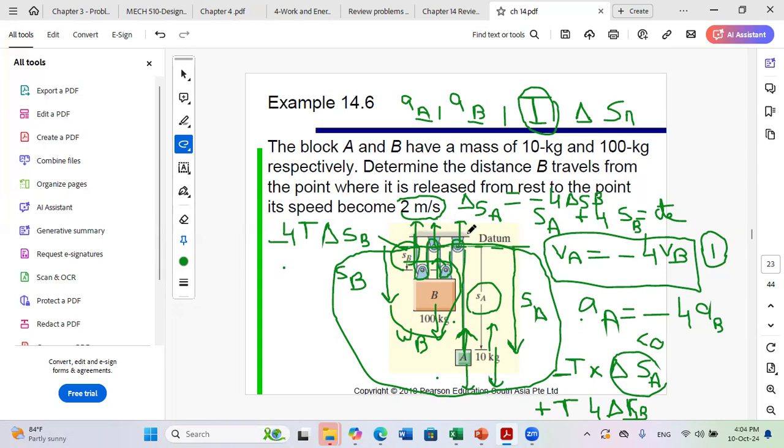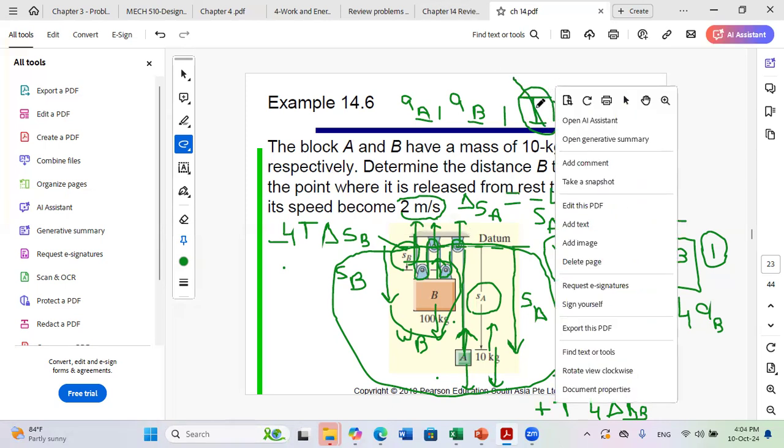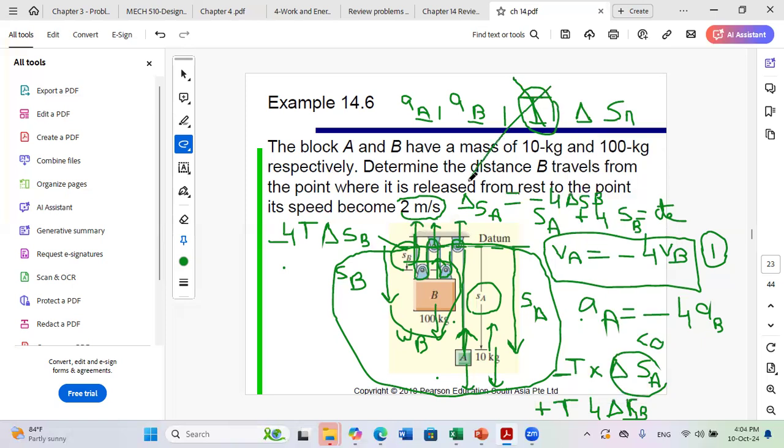If you take the whole system, you will reduce your number of unknowns, because the tension will not appear. So if you do work and energy, the unknowns will be VA and VB, and no tension. You just have these two unknowns, but you have a relation between them. You relate VA to VB.